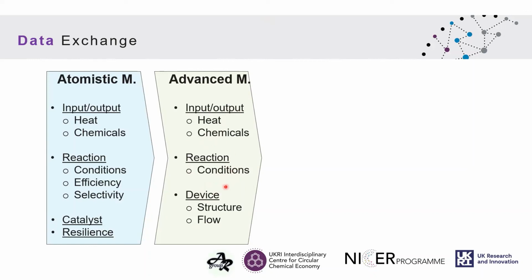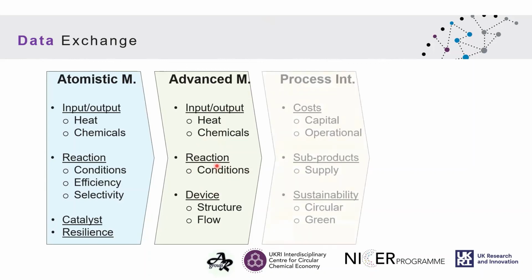All these reaction conditions can be passed upwards to the process integration. Process integration will fit the information of this small reactor into the whole supply chain, and look, for instance, at the capital cost or the operational cost, and whether the new technology actually provides a circular and green process.